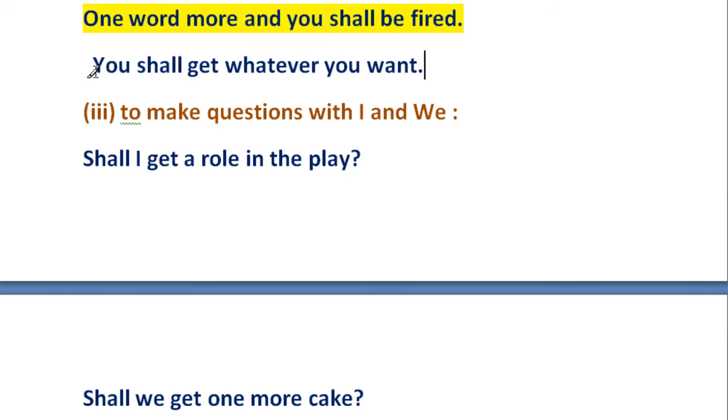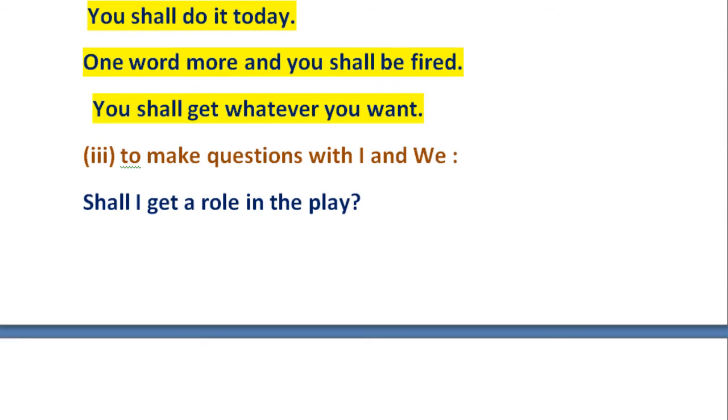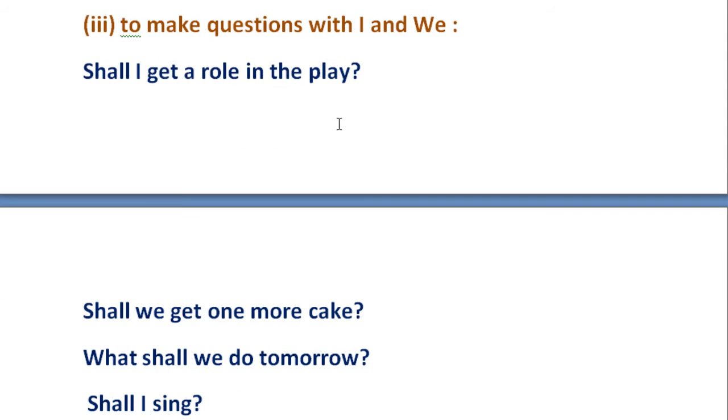So here shall has been used to express command, threat, or promise. You shall do it today: this is a command. One word more and you shall be fired: this is a threat. And you shall get whatever you want: this is a promise.